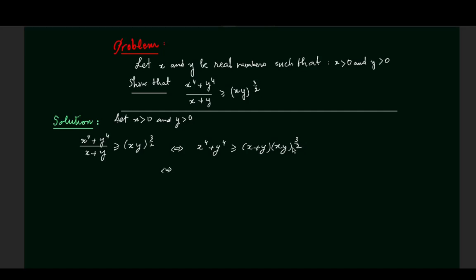Now, in order to remove this half in the power here, we will square both sides, and we have the right to square both sides since everything is positive. So (x to the fourth plus y to the fourth) all squared is greater than or equal to ((x plus y) times xy to the 3/2) all squared.